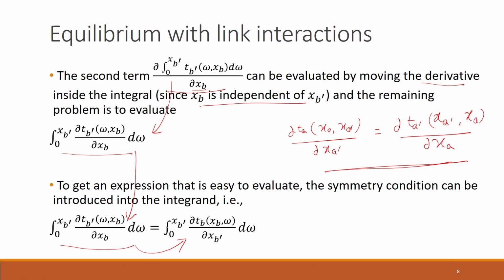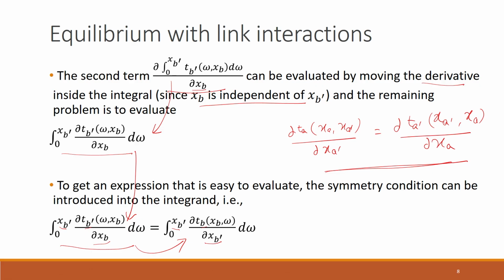The limits of the integral have not changed: here it is xb dash and here also xb dash. But instead of taking the derivative of the travel time on link B dash, we are taking the derivative of the travel time on link B, and previously we were taking the derivative with respect to the flow on link B, now we are taking it with respect to the flow on link B dash.